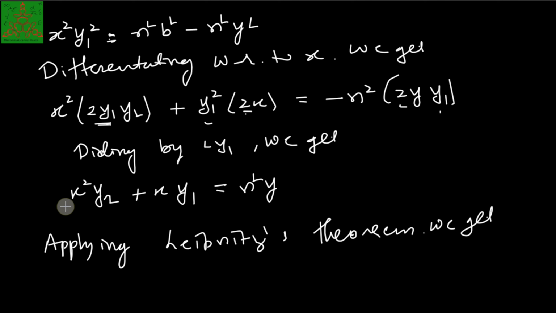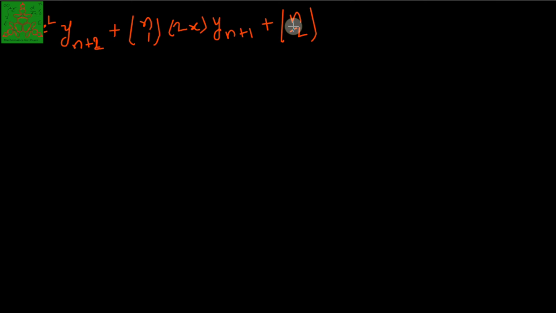Taking this as the function u and this as the function v, the v as it is, that is x square as it is, nth derivative of y2 is yn plus 2, plus nC1, the derivative of x square, that is the first derivative, will be 2x, and the derivative of one less derivative of yn plus 2 is yn plus 1, plus nC2, the derivative of 2x will be 2, and the derivative of yn plus 2 with one less derivative is yn.